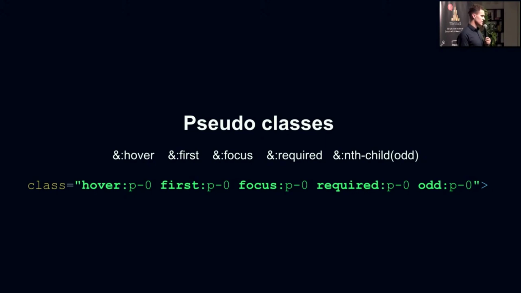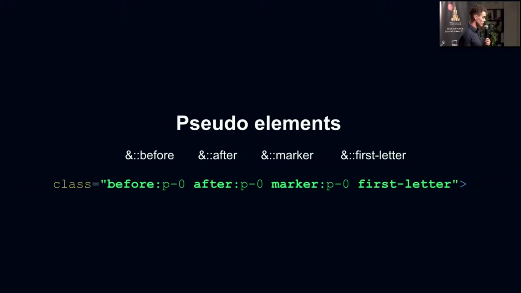It also comes with pseudo classes, so if you want hover, you just apply hover on some class, focus, required, even nth-child, and you can have odd, even, everything is included. Also pseudo elements, like before, after, first letter, everything works perfectly.